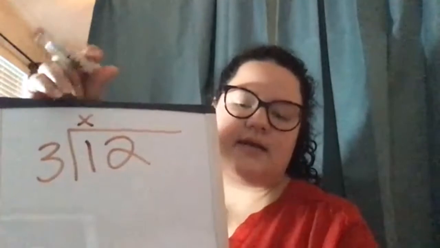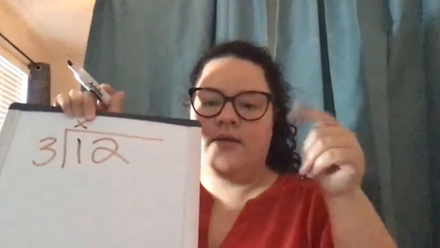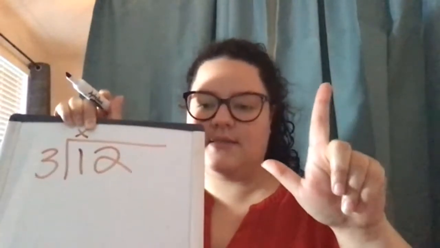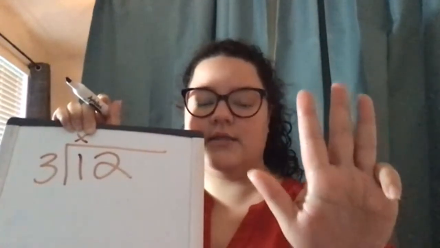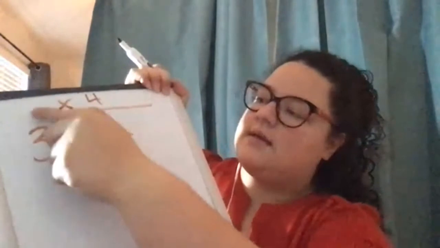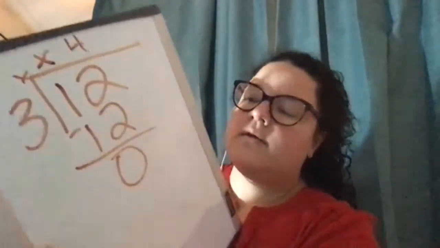How many 3's can we take out of 12? 3 times 1 is 3. 3 times 2 is 6. 3 times 3 is 9. 3 times 4 is 12. So we have to make sure to put our 4 on top. And remember, this is 3 times 4 equals 12. Subtract the 2 and we have 0. So 3 times 4 is 12.